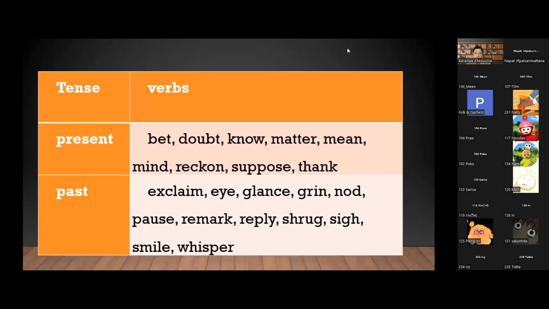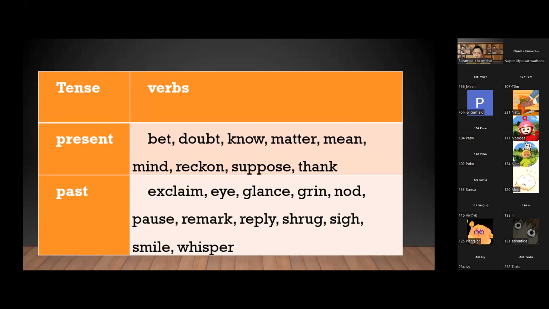Verbs that tend to be in the present tense are these: we have the words bet, doubt, know, matter, mean, mind, reckon, suppose, and think. For the words in the past tense, we have exclaim, glanced, grin, nod, pause, remark, reply, shrug, sigh, smile, and whisper.